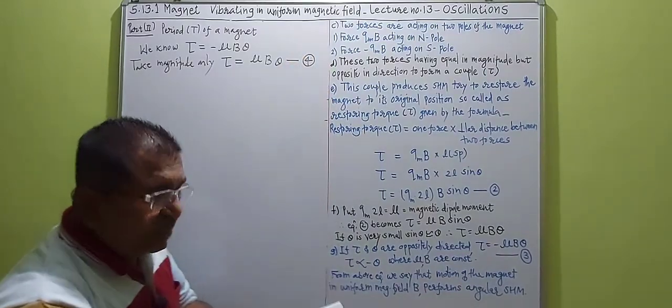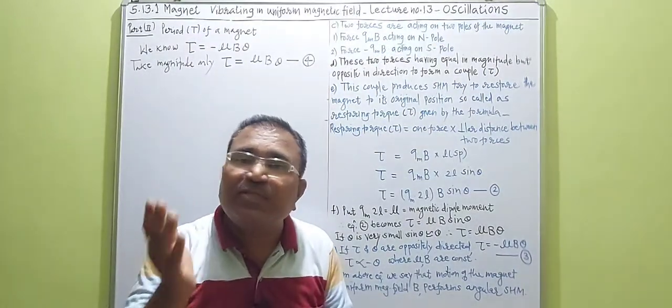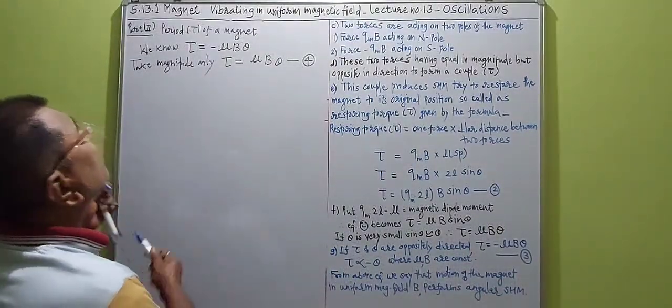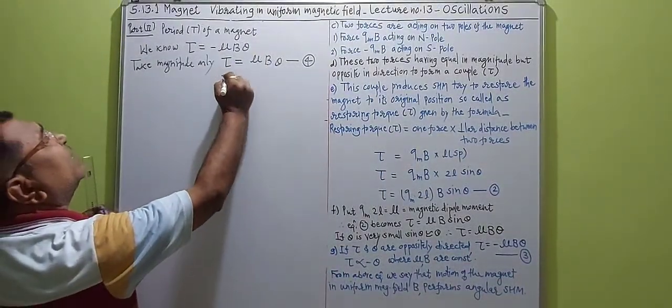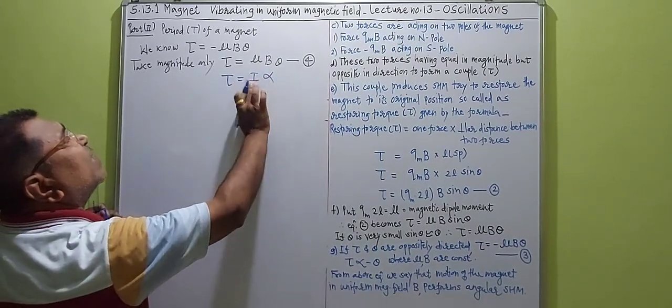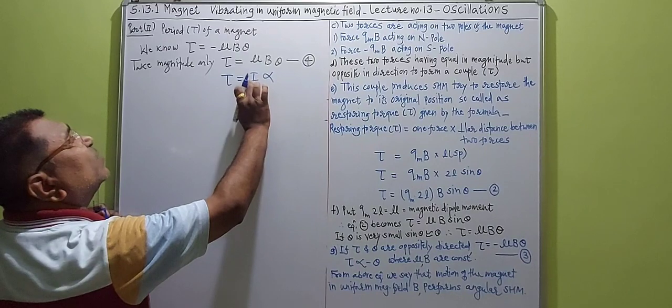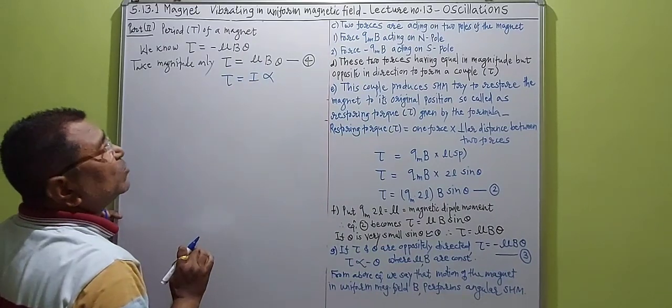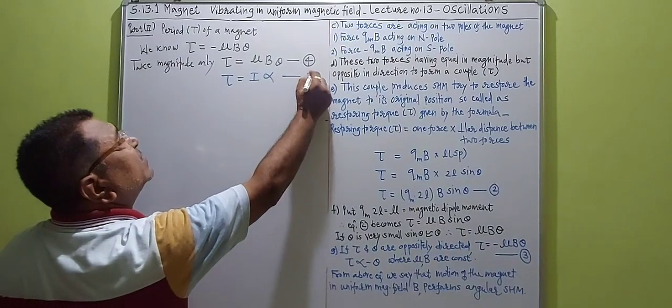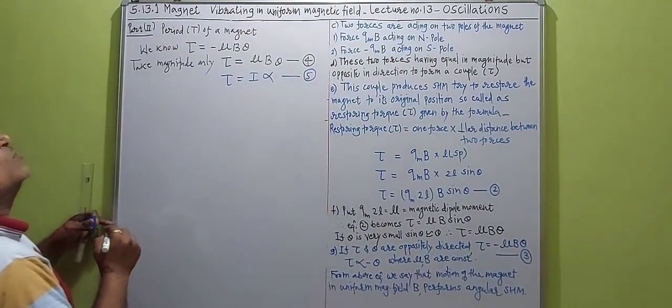We also learned in rotational dynamics that tau is equal to I alpha. So we can write tau is equal to I alpha, where I is the moment of inertia of a magnet about a particular axis and alpha is angular acceleration. This is equation 5.